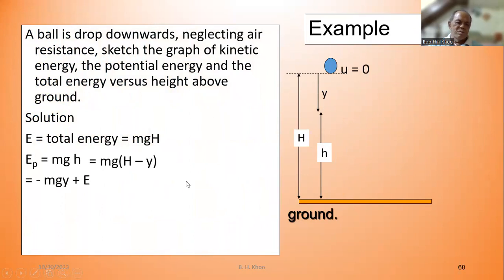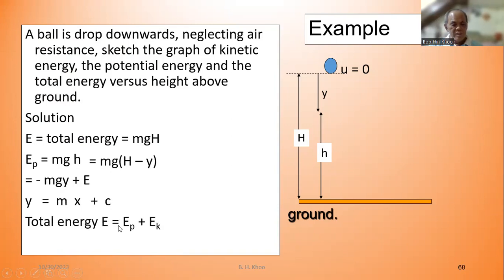So expand it. mgH is the total energy, minus mgy. So that's the equation of a straight line. Total energy is your EP plus EK. So as long as we know the potential energy graph, we can get the kinetic energy graph.